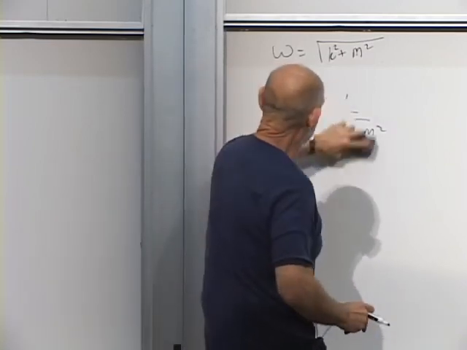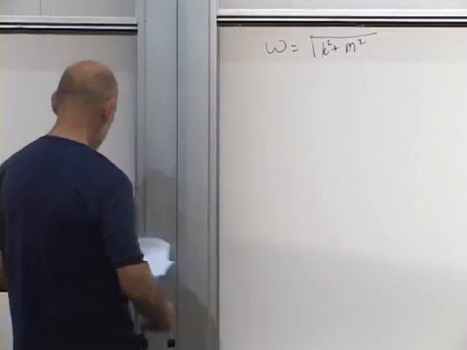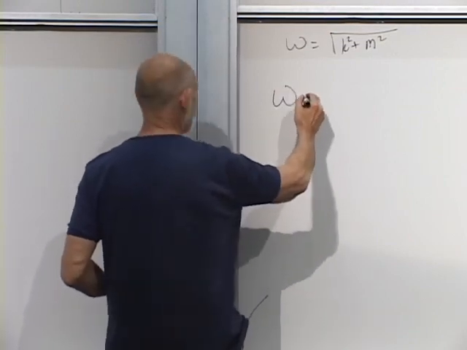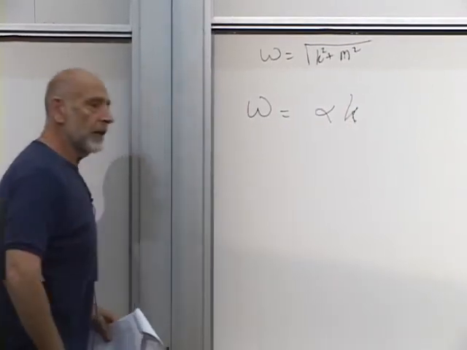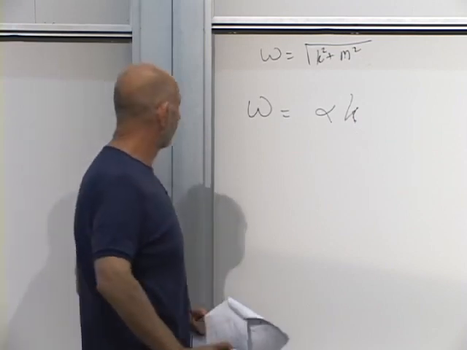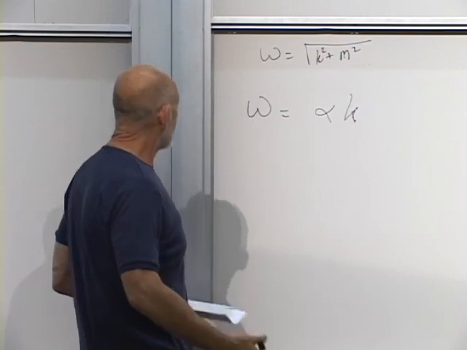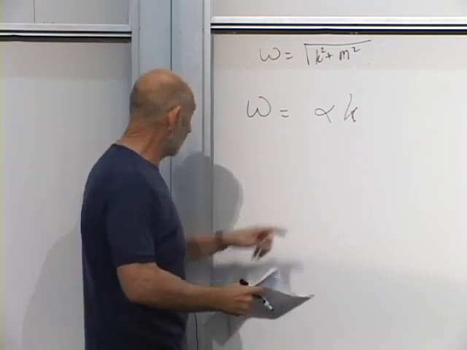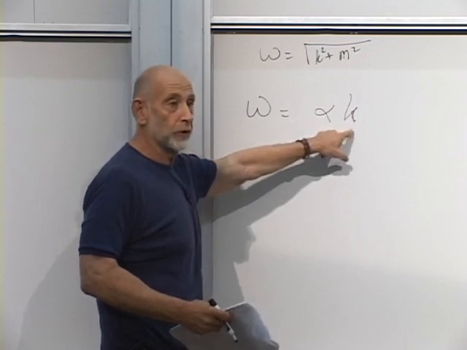Okay, let's just be a little clever and try to correct this equation. Omega is equal to alpha k, and that omega is really a vector, isn't it? No, omega is really a 2 by 2 matrix, strictly speaking, and k is a 2 by 2 matrix.